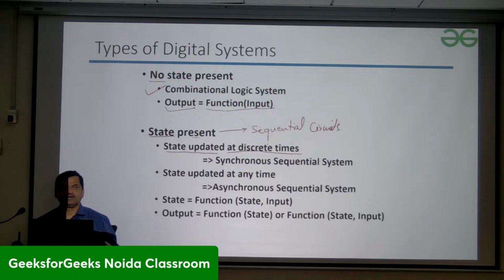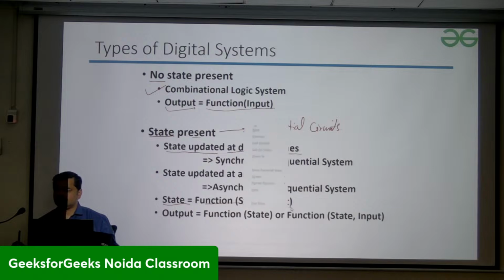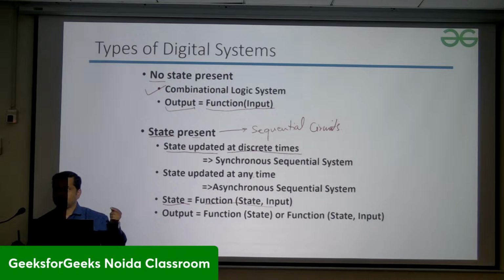Now it could be synchronous or asynchronous. If it is storing or preserving the value according to the timestamp, then it is synchronous, otherwise it is asynchronous. All right, now in this case you can see that your next state is a function of the current state as well as the current input.